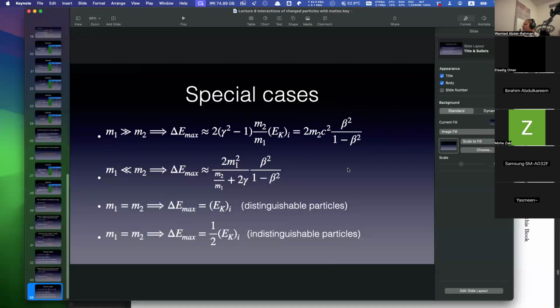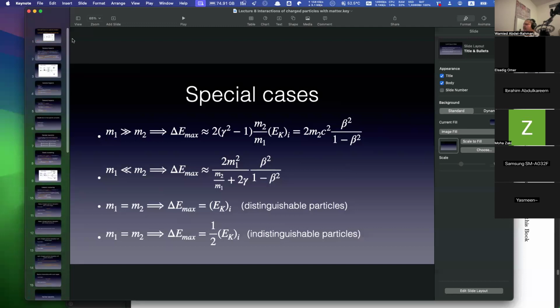Okay, so this is the last slide I have for today's lecture. I needed to talk about this because next lecture we're going to look into stopping powers, especially the interactions of charged particles with matter. We have soft collisions, hard collisions, and Bremsstrahlung, and then we're going to look into the stopping powers.